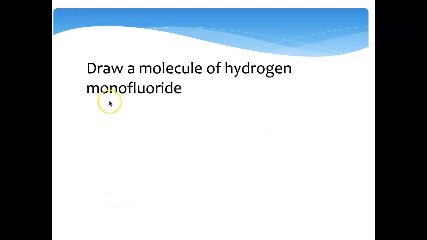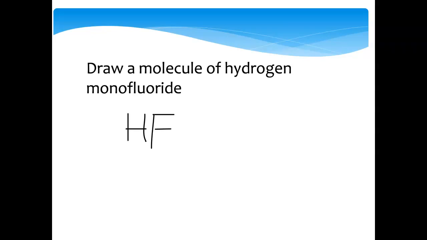Hydrogen monofluoride. All right, great time to stop, try to draw this molecule, figure out its shape, figure out its electronegativity, and then check how you did. All right, so again, first thing I have to do is translate this into a formula.